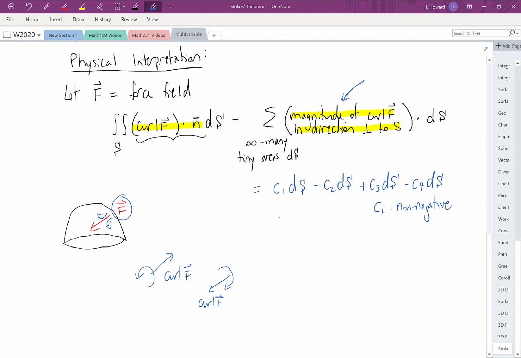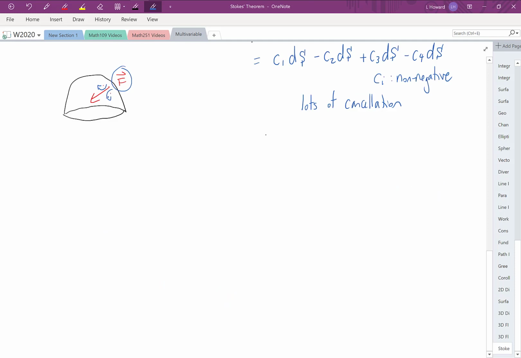So we get this alternating sum, and the point is that there's lots of cancellation. So lots of cancellation in the interior of S, and what that leaves us with is a net effect on the boundary of S, which is our curve C. So here's our surface S, and then our curve C in this picture would just be that curve going like that.